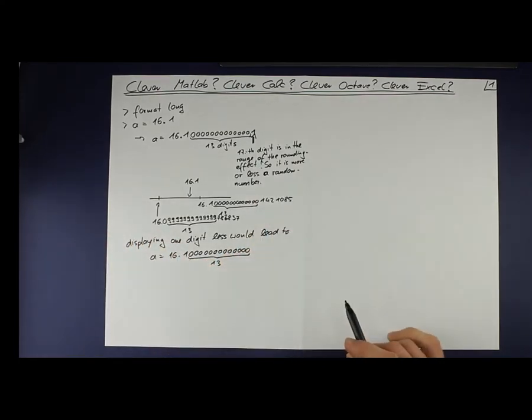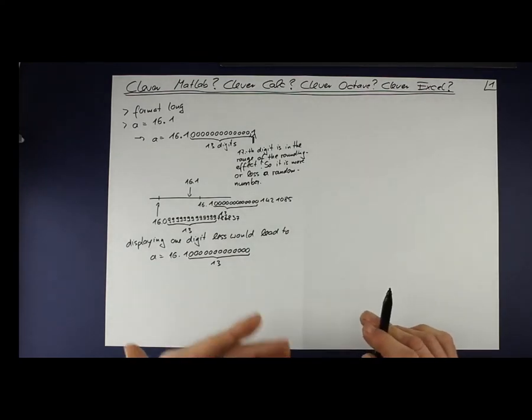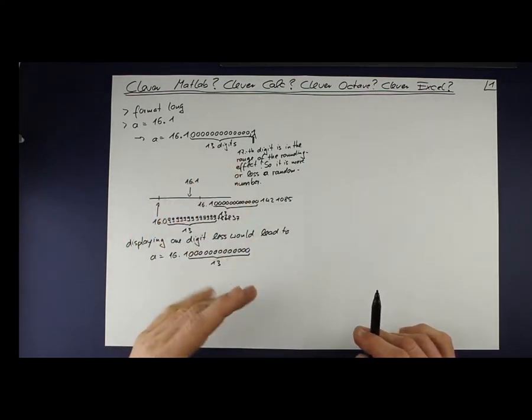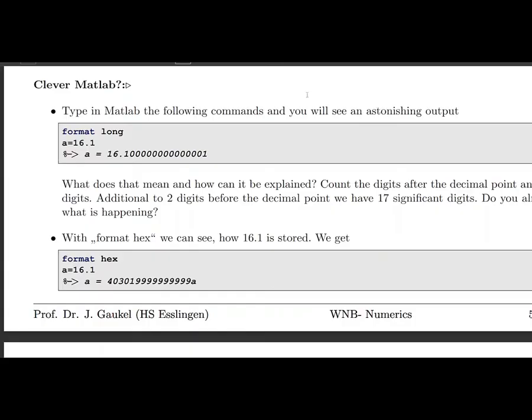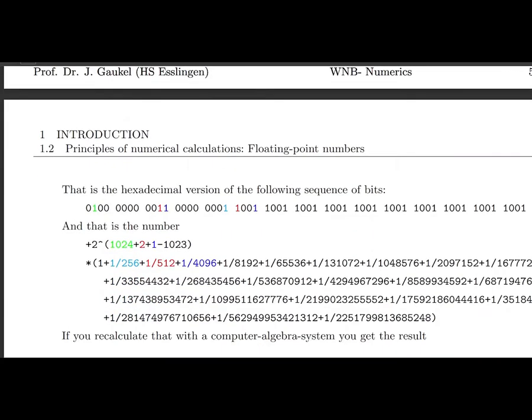Let's have a look at my script, where I also talk about this effect in a slightly different way. Type in Matlab these commands, and what do you see? You see that. And what's going on here? You can get all the information. With format hex, 16.1 is stored as this number, and that means that we deal with that sequence of bits.